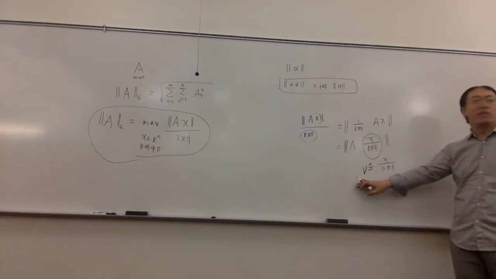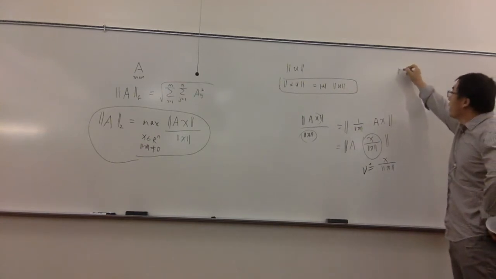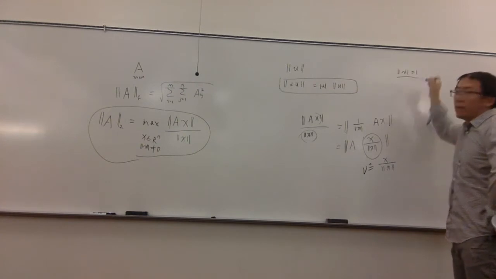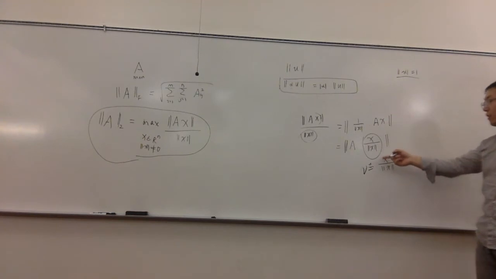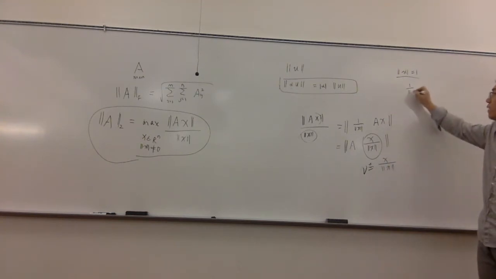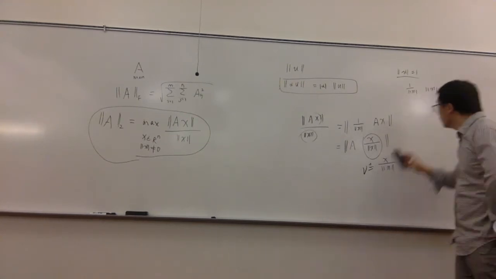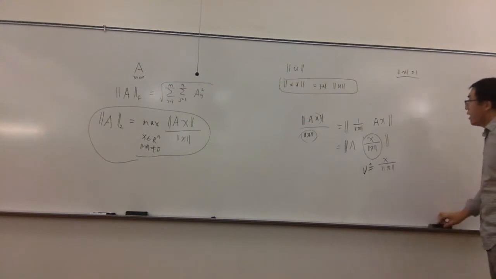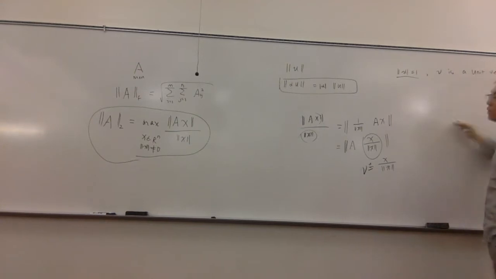So what can you say about this vector v? Yeah, it is a unit vector, because we can verify that the norm of v is simply 1. You can calculate the norm of v as 1 over the norm of x times the norm of x, which is 1. So now we can say v is a unit vector, or a direction vector.